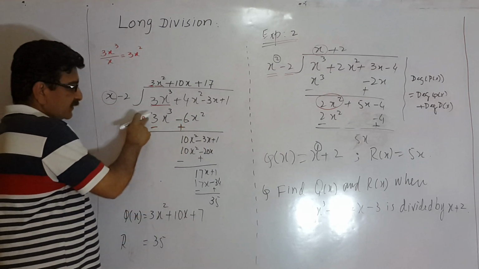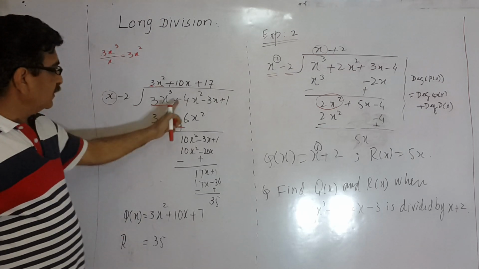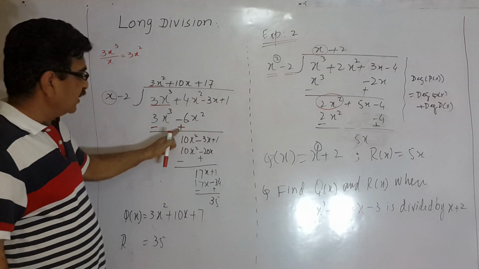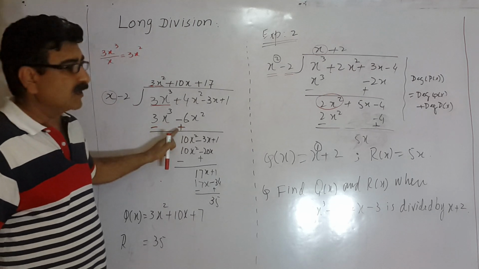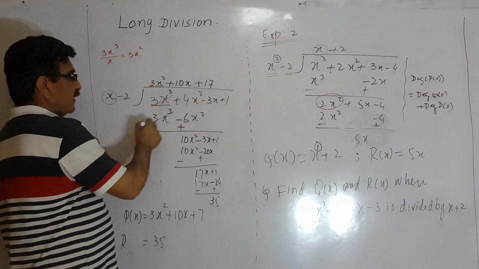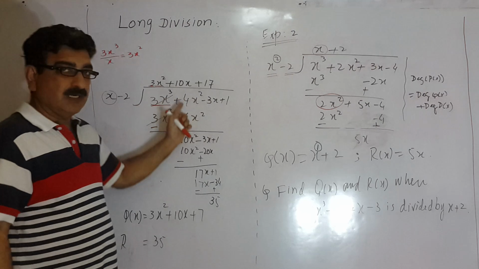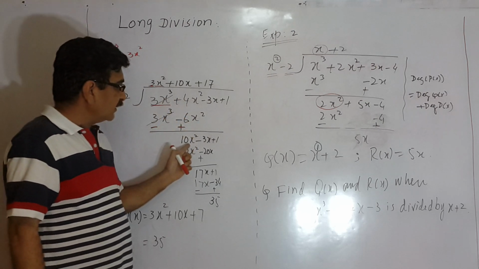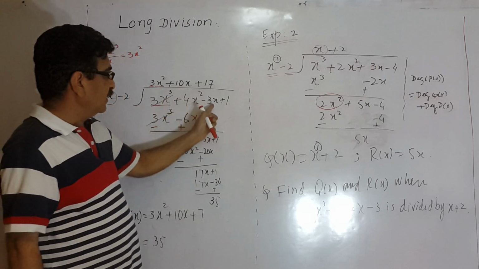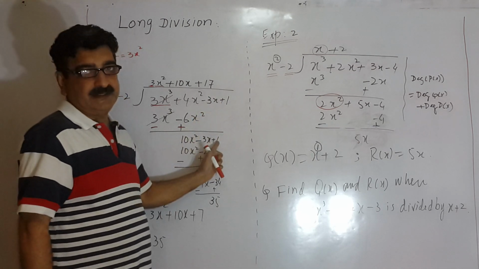Because it is plus, we change this into minus. Because it is minus, we change this into plus. Now, because this is plus and this is minus, they cancel, and we sum up these two terms, we get 10x square, and write this 3x as it is and 1 here as it is.